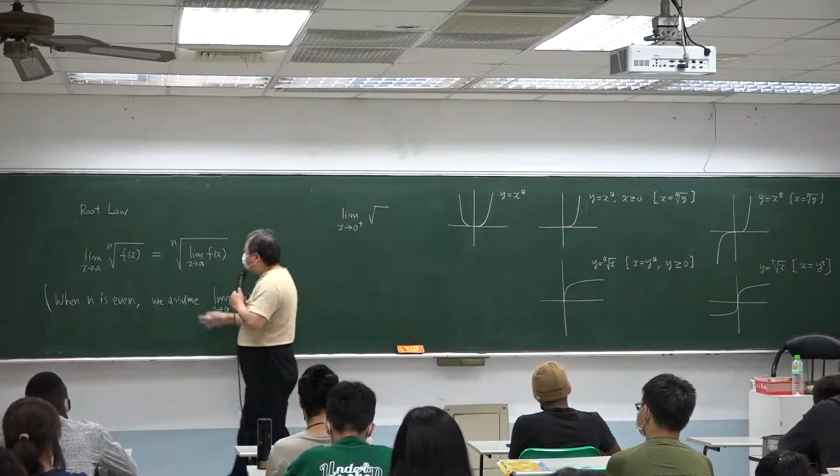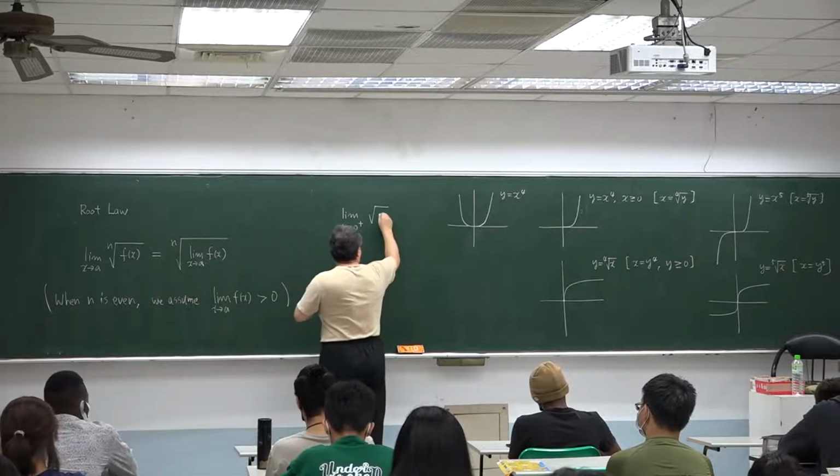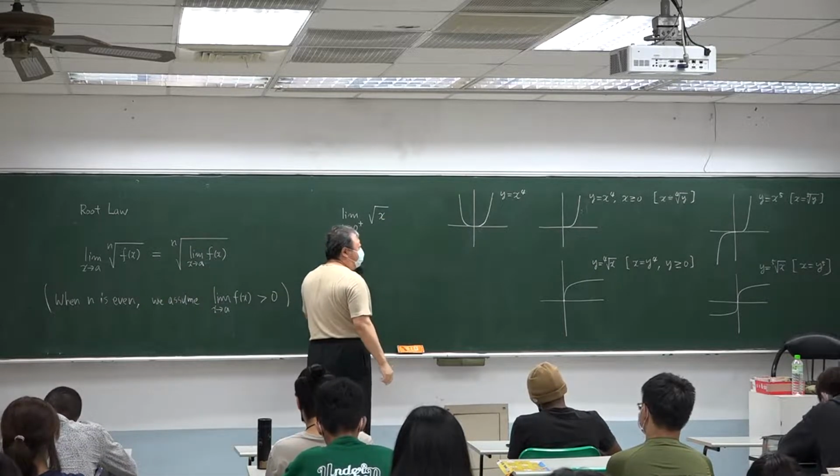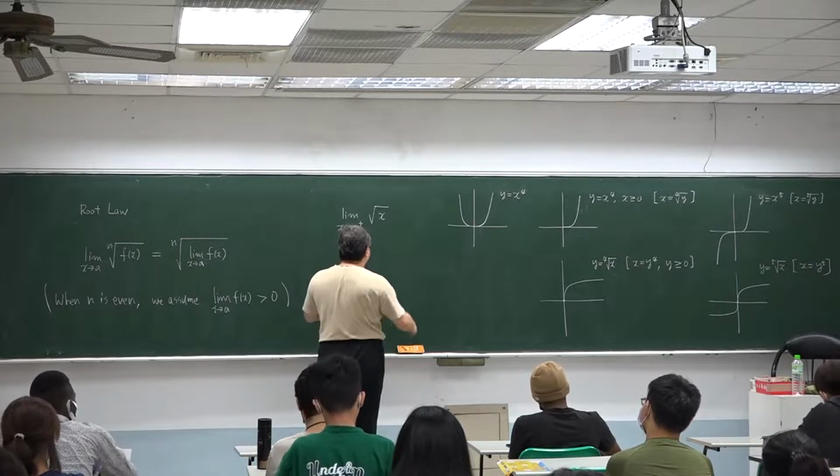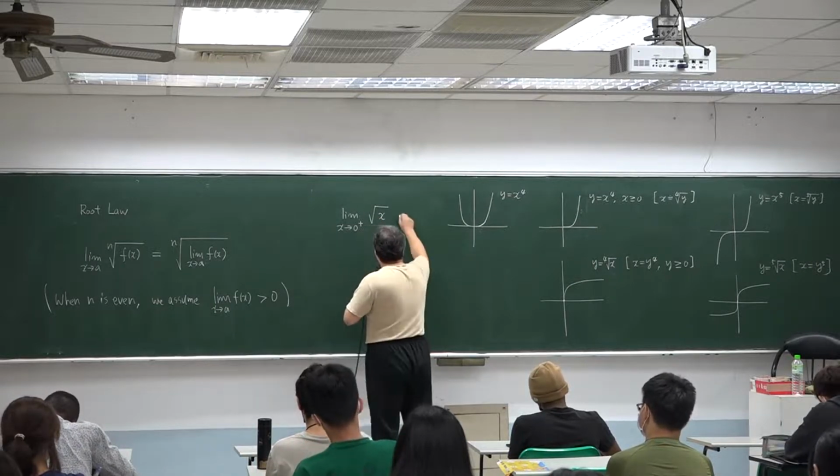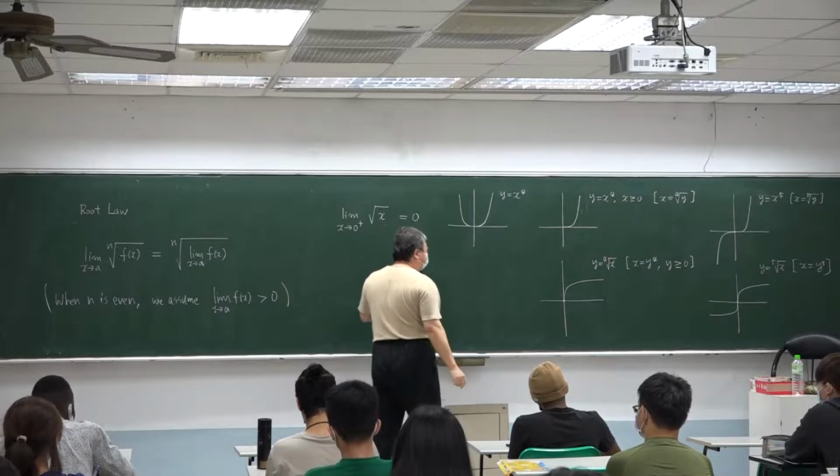Okay. Consider the function to be the square root function, n equals 2. This is 0.